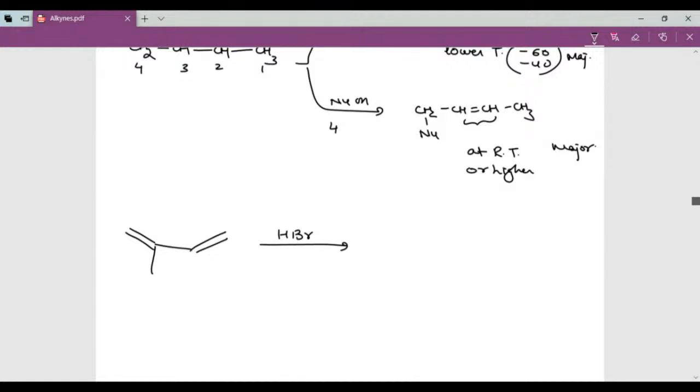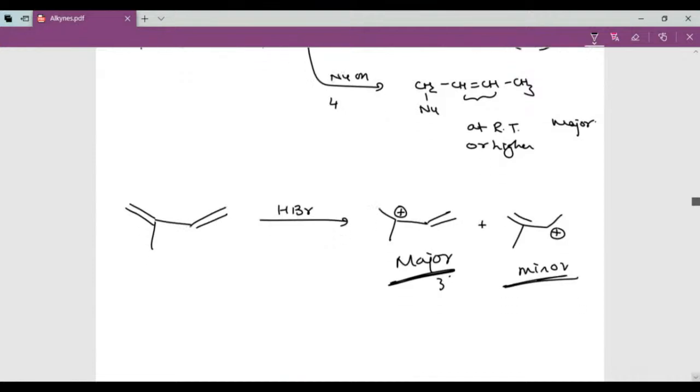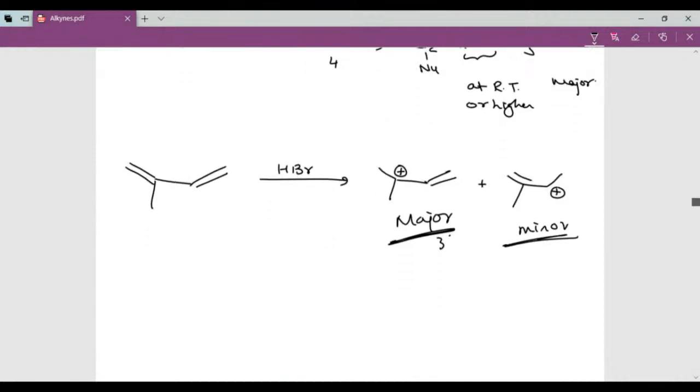Okay, so my first carbocation choices are now of two types. I can have this as a carbocation, or I can have this as a carbocation. Which do you think is more stable? Both are allyl resonating, but this is more stable as it is 3 degree. So this is going to be minor. So in them also, if you have a choice, then select the one which is major.